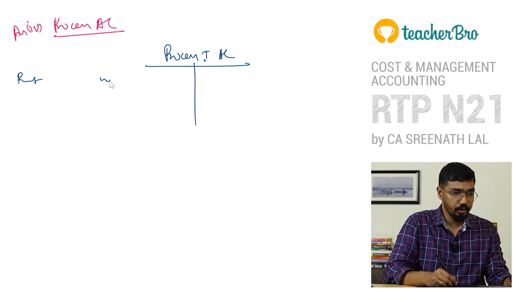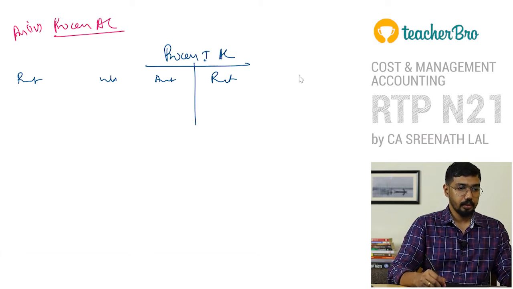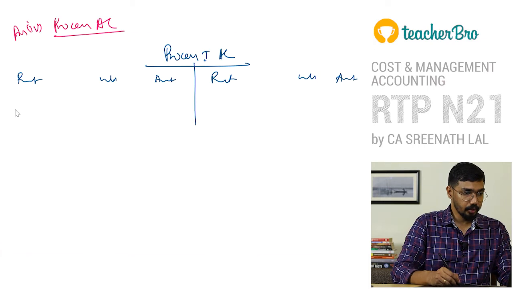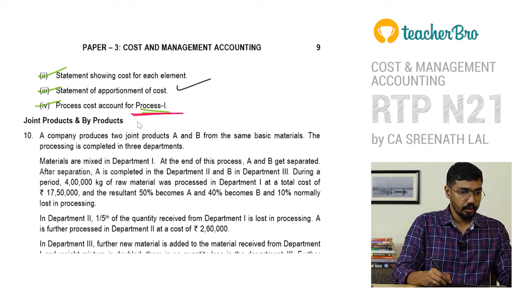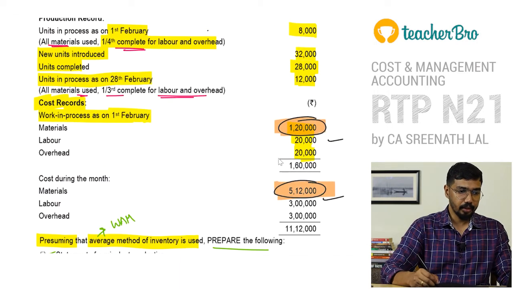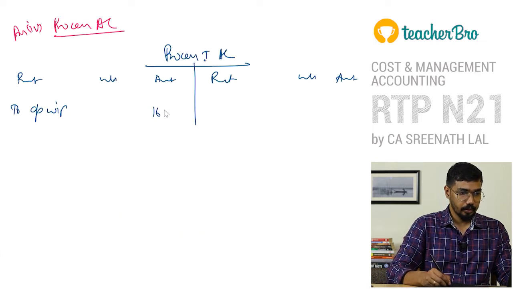particulars, units, amount, particulars, units, amount. Okay, to opening WAP. How much is the value of opening WAP? The cost is 1,60,000. And how many units? 8,000 units.